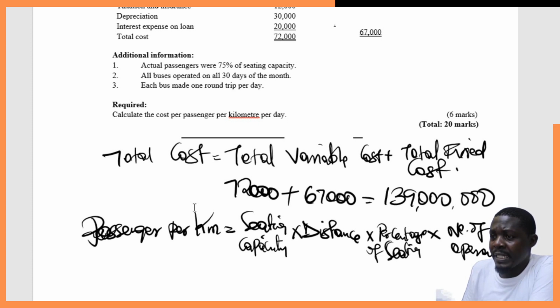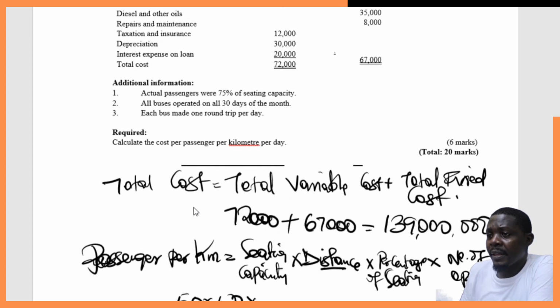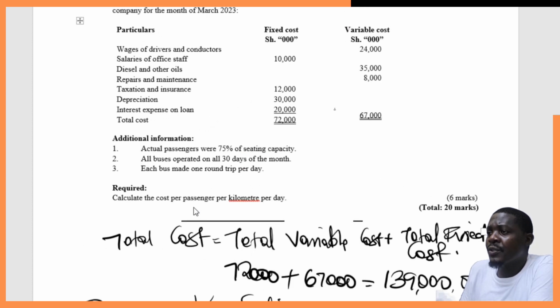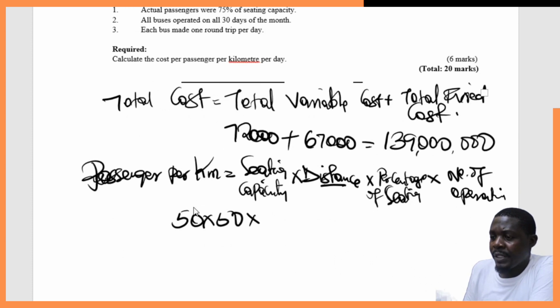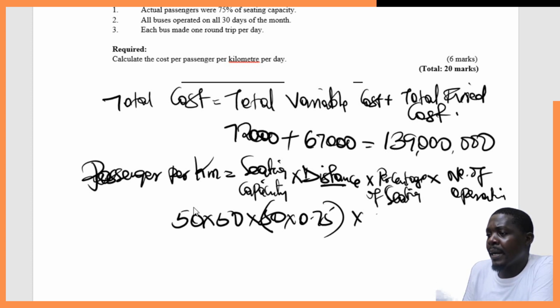Therefore the seating capacity of the bus was 50, multiplied by the distance of 50 kilometers, multiplied by 0.75, that's the capacity of those buses, and multiplied by the number of operations per month, which was 30 days.